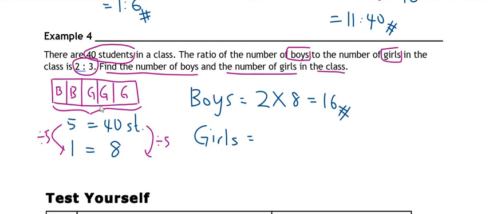So you have 3 parts representing the girls. You multiply it by 8 because one part represents 8. So you have 24. And you can double check that when you add 16 plus 24, it will give 40 students, right?